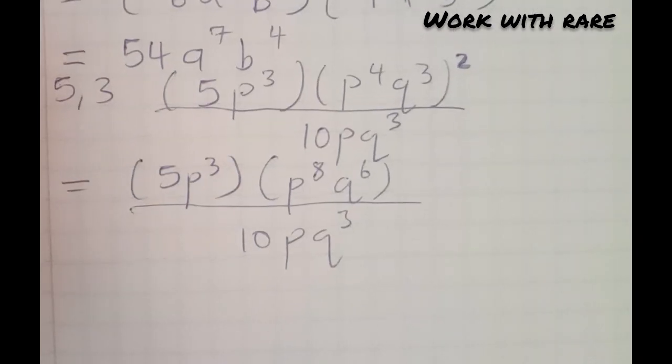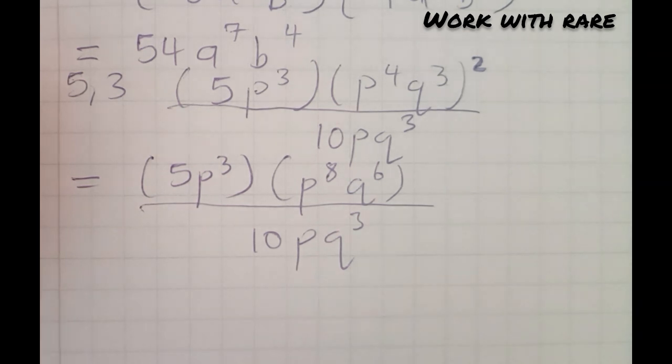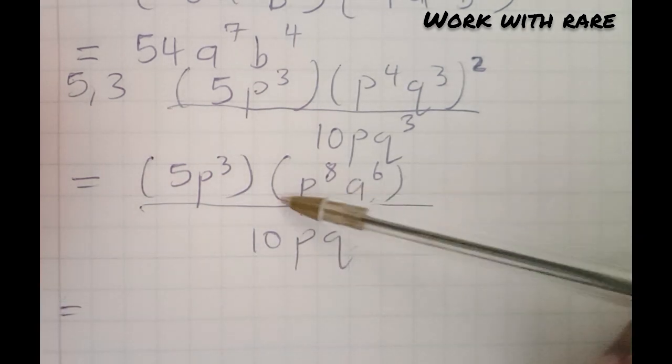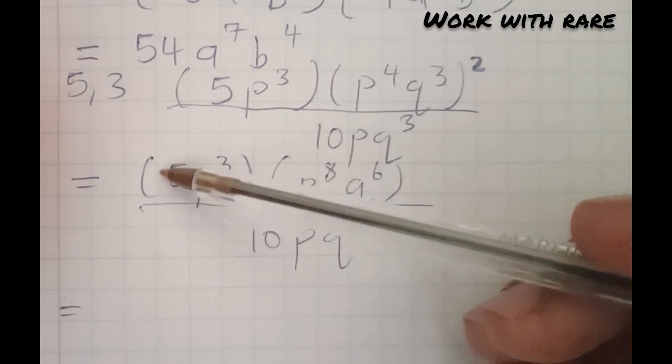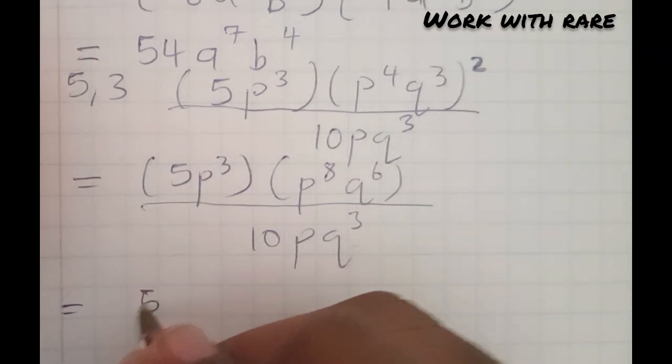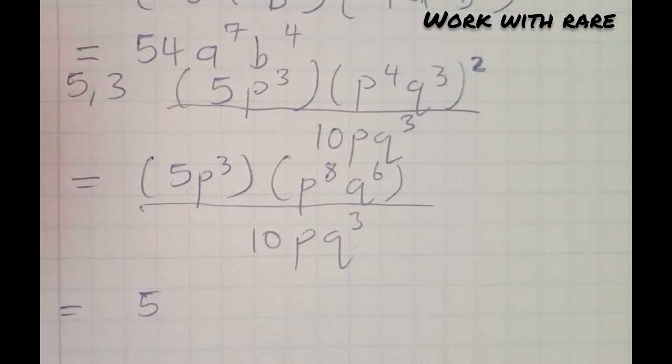Now it's time to break the brackets on the numerator. Remember, numerator is this one, denominator is this one. Here we don't have a number, but here we have 5, so it's like 5 multiplied by 1, which is 5. Now I won't write my brackets because it's time to break them. Here I have p to the exponent 3, and here I have p to the exponent 8.